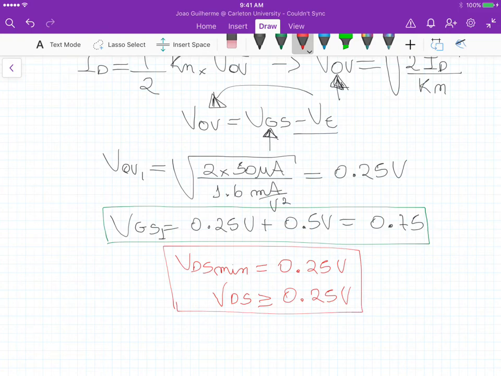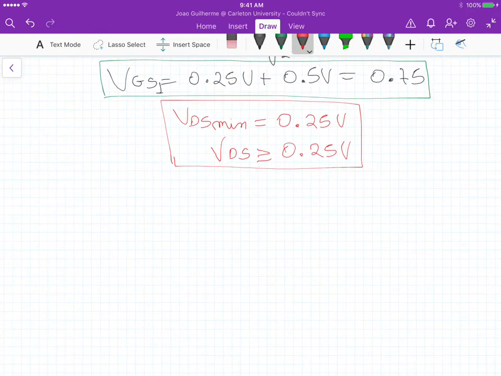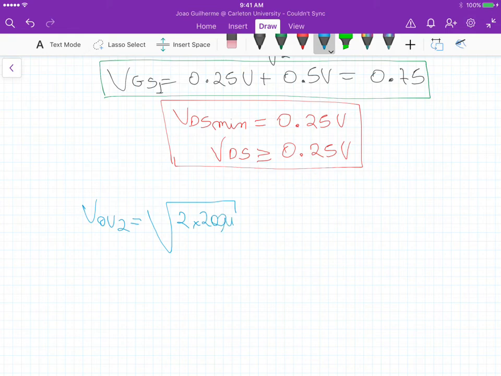And for the second case, we basically follow the same rules, right? So we calculate V overdrive 2, which is going to be the square root of 2 times 200 microamperes divided by 1.6 milliamps, and that gives us 0.5 volts, right?